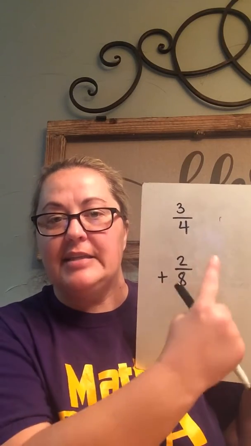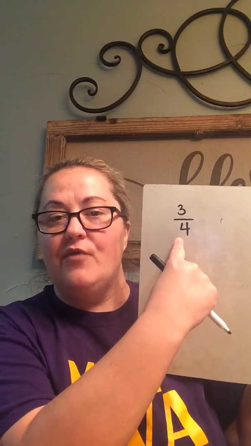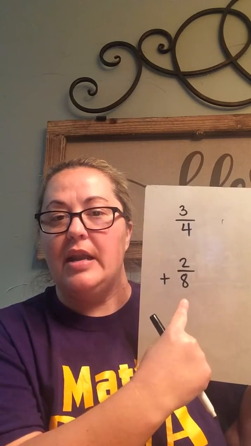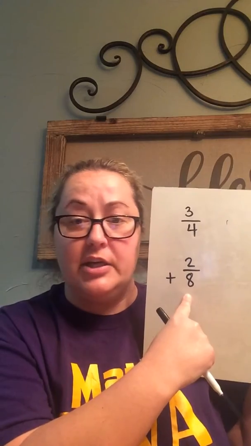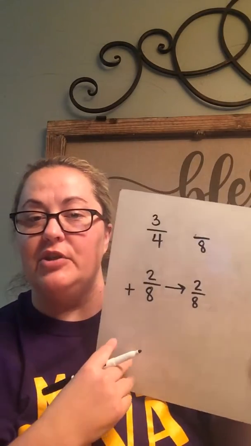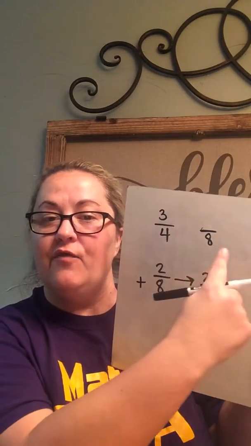The first thing that I see is if I skip count by 4s, I can land on 8. So this bottom fraction in my world isn't going to change at all. All I'm going to do is scoot it over, and I'm going to leave it 2/8. However, on the top, I am going to have to do a little bit of work to get from 4 to 8.